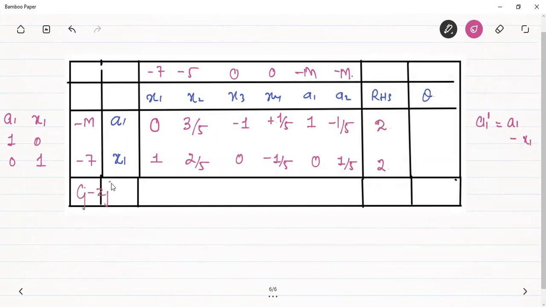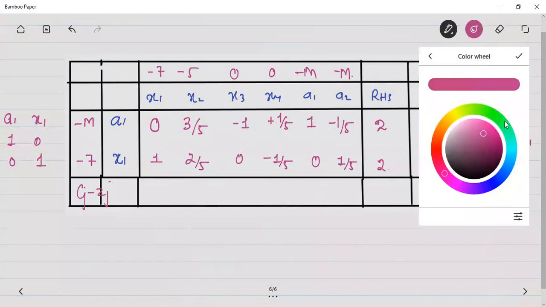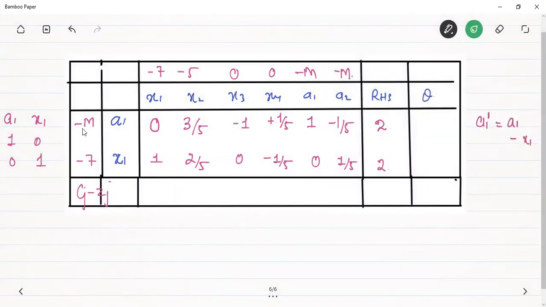Now we are going to calculate Cj minus Zj, and the values of Cj minus Zj will be: minus m into 0 is 0, minus 7 into 1 is minus 7, minus 7 minus minus 7 means minus 7 plus 7, and this will be equal to 0.